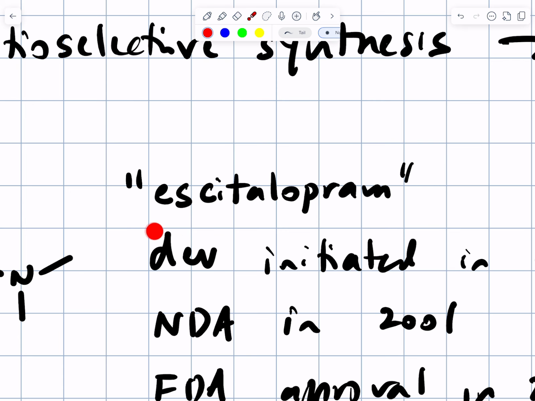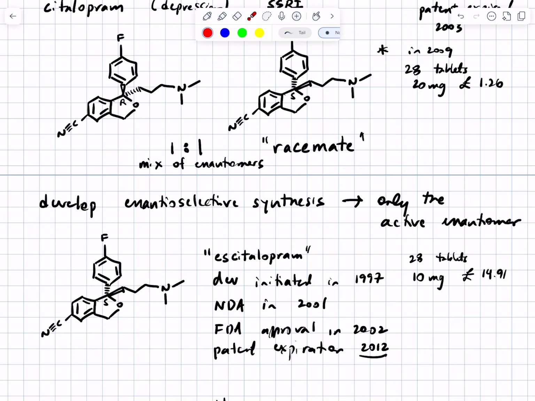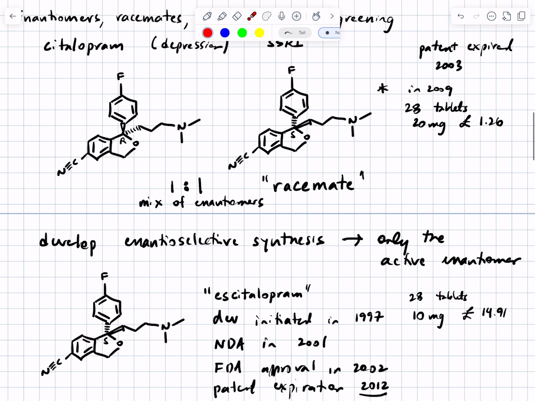So if you see ES at the beginning of a drug name, you know it's the pure enantiomer and that it's S. If it were R, I don't know if they would say AR, like R, like a pirate, but anyway.